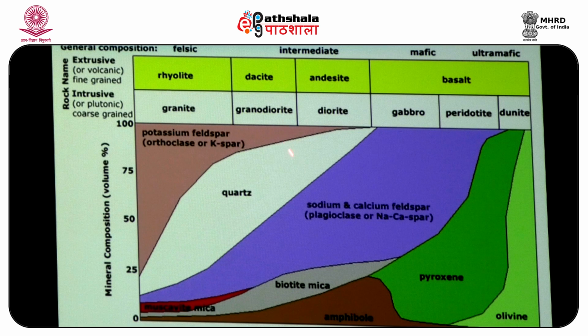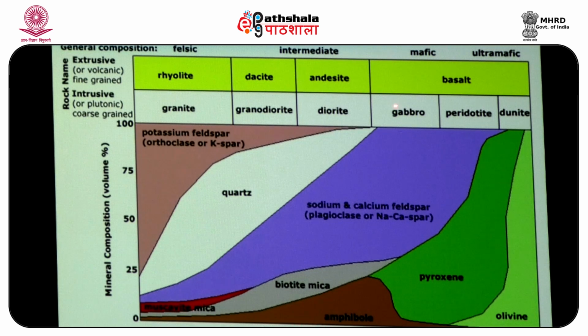So this becomes intermediate rocks. So it will have all the minerals, but the proportion of these minerals present in granodiorite and diorite will be less of orthoclase, less of quartz, more of sodic to calcic plagioclase, and more of biotite and more of amphibole.